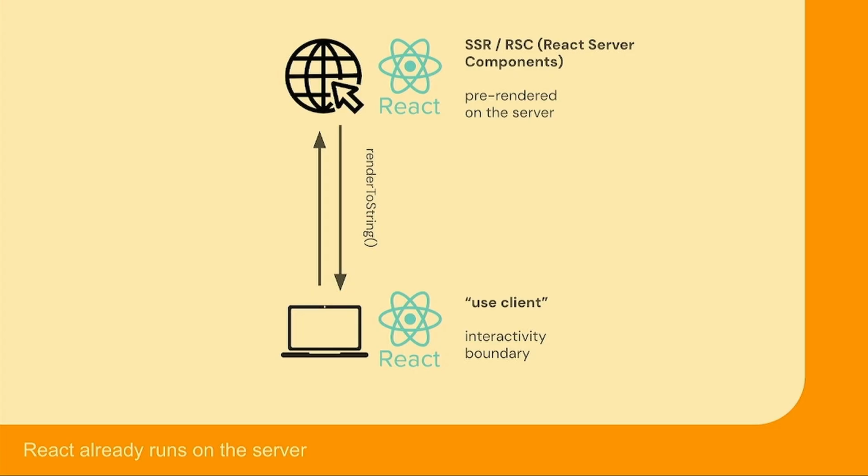So actually, React is always run on the server first. I don't know if you knew this, but when you visit a page, even without React server components and stuff like that, dynamic data, you always generate from React, which is like the functional template.